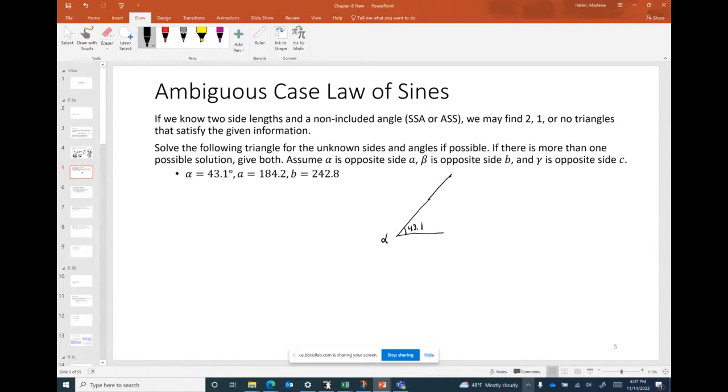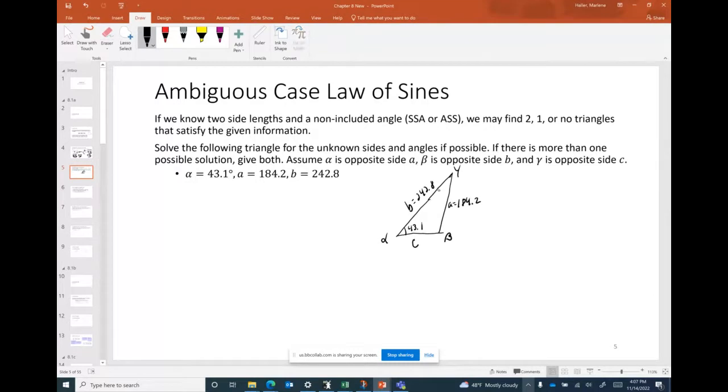All right, so maybe we got to do it something like that. All right, we know A, it's 184.2, right? This is beta over here. This is gamma up there. This is, nope, sorry, this is C. Up there is B. And we know B. B is 242.8, okay?